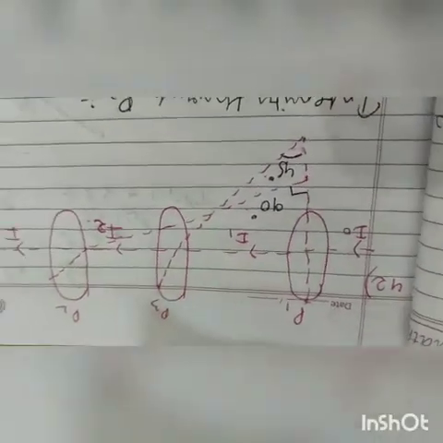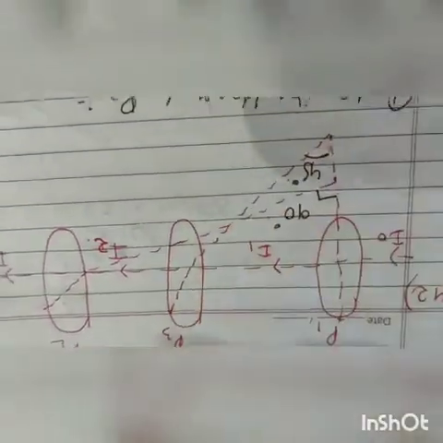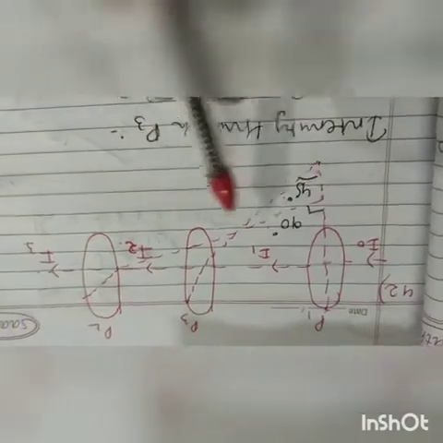Two polaroids P1 and P2 are placed with their axes perpendicular to each other. Unpolarized light I0 is incident on P1. A third polaroid P3 is kept in between P1 and P2 so that its axis makes an angle of 45 degrees with that of P1. The intensity of transmitted light through P2 is. Here we can see the diagrammatic representation of the three polaroids and the given condition.